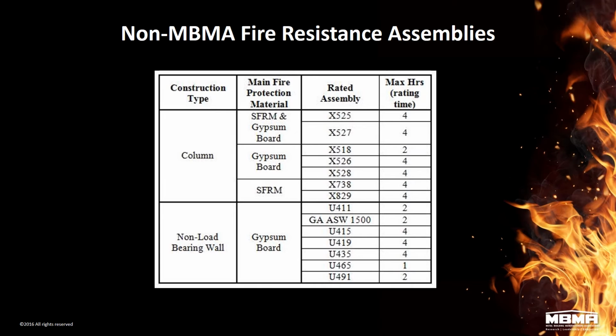Again, MBMA does not endorse any of these products or assemblies, but only provides them as additional possible information, as any other assembly published by Intertek or UL would be. It's out there and it's fair game for use if it fits into your project.